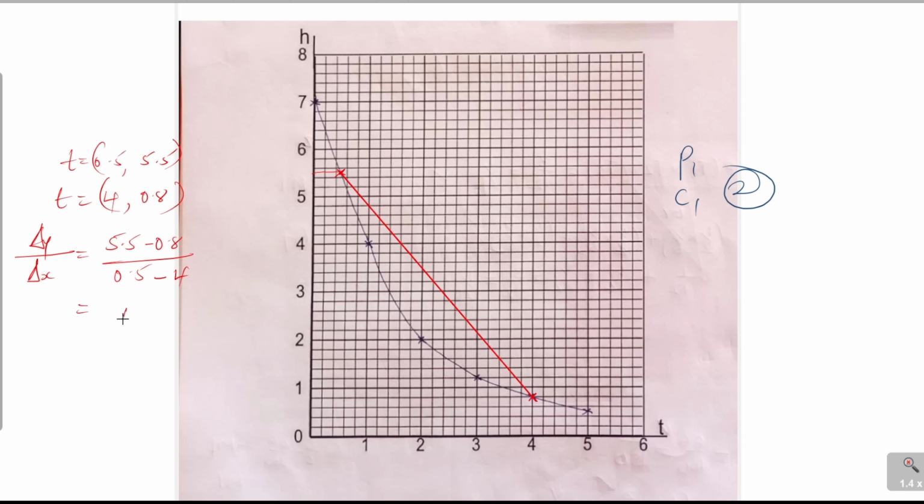So this will give 4.7 divided by 0.5 minus 4, which is minus 3.5. And when you divide these, you'll get negative 1.343 as the solution.